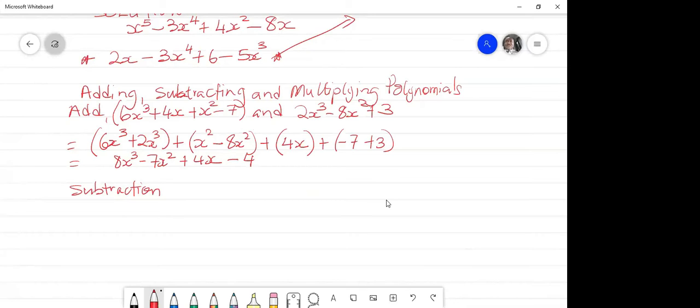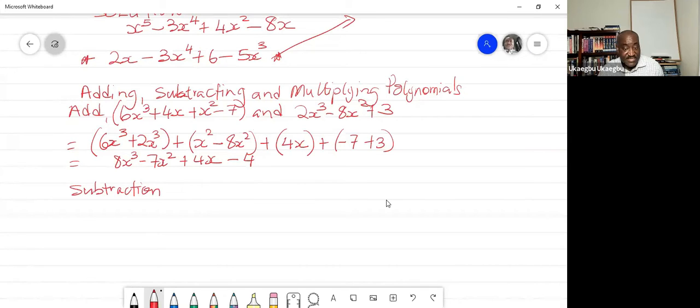If you only change the x cubed, the whole thing would be wrong because you have to change each factor. Okay, each term. This is a term, this is a term, this is a term. You have to change all of them, not just that one.